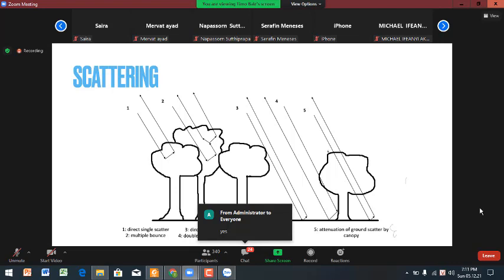Do you have attenuation? Do you go through the canopy and then get reflected on the ground? That depends on many factors, wavelength being a very important one, but also the structure of the tree and the vegetation you're dealing with. We have very dense tropical vegetation, or a European forest in winter where all the leaves are gone. It's very, very different then.